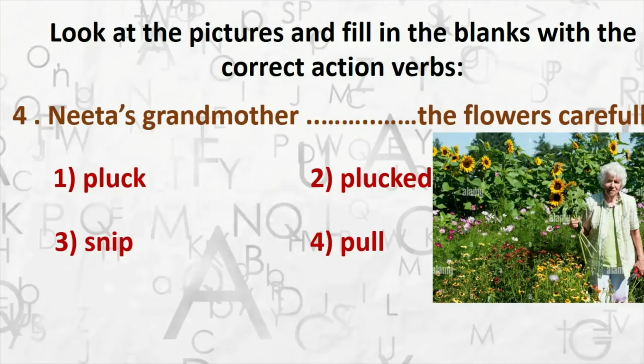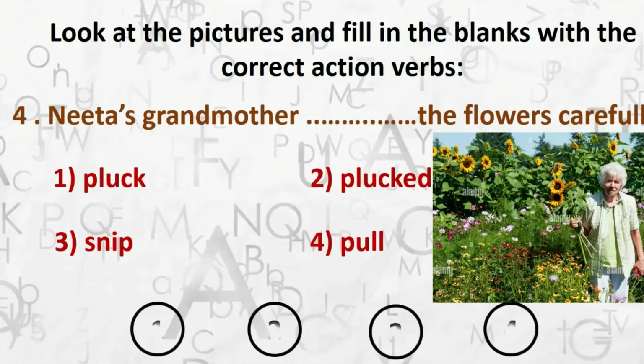It could be any one of these, but we have to pay a lot of attention to the word and to the form of the word. So Neeta's grandmother, option number 2, plucked the flowers carefully. The action is of plucking, but if I write Neeta's grandmother pluck the flowers carefully, it is grammatically wrong. That is why answer number 2, plucked, is the correct one.